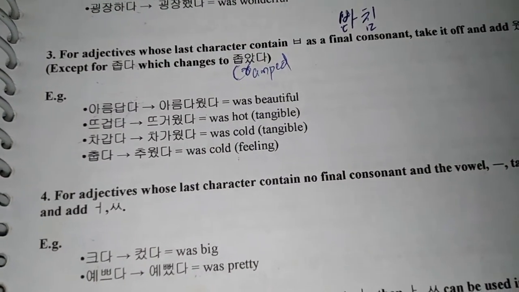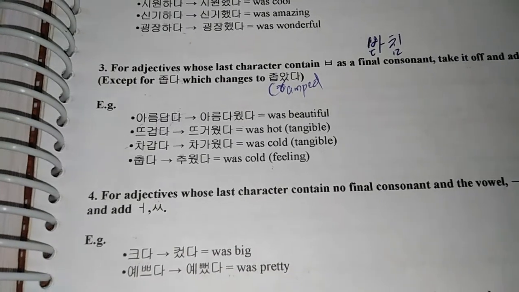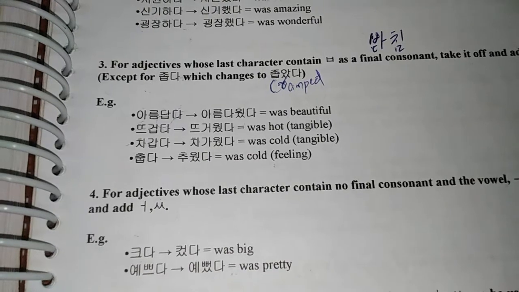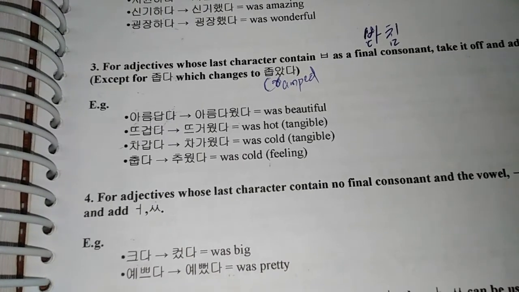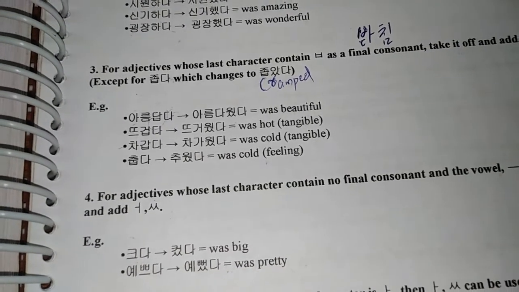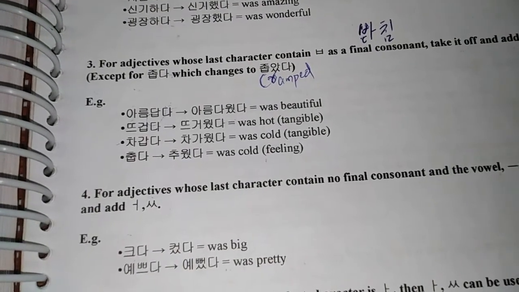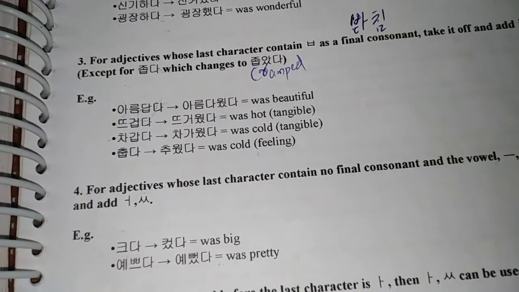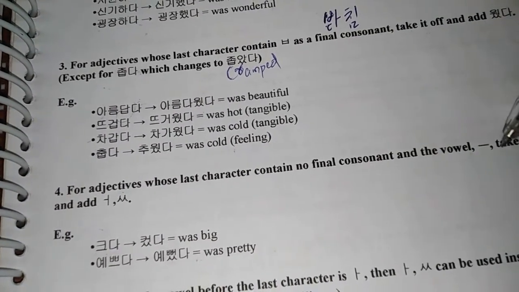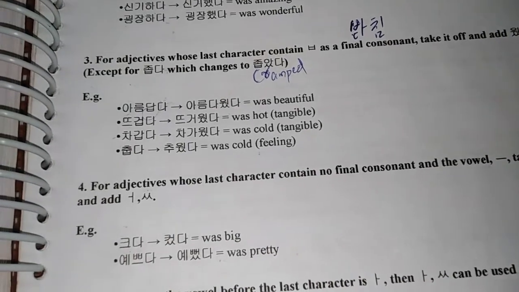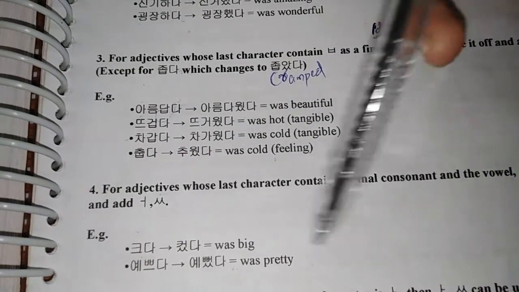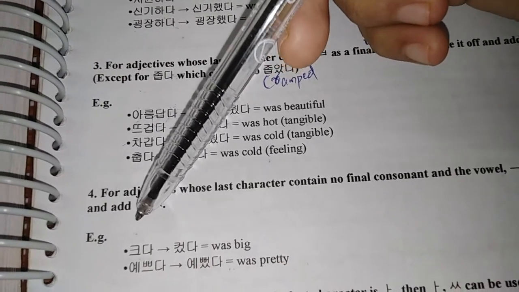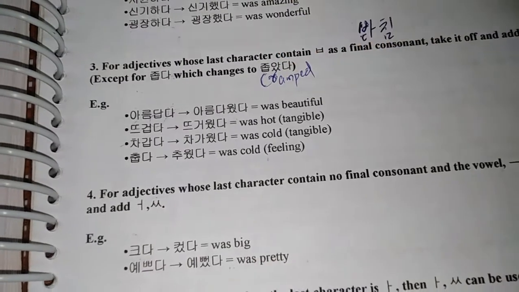So it's literally like the first conjugation rule we saw, which was for adjectives with bottom, and this is exactly the same conjugation rule, just that there's no bottom there, and we are specifying the vowel here, and we're just taking it off and adding the same vowel we saw.